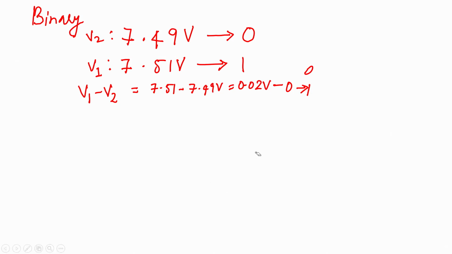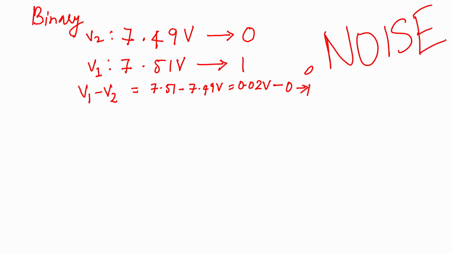But then all circuits, all our systems in the real world will have a big enemy called noise. There are people doing PhD in how to reduce noise. So, noise is a very important constraint in digital design, analog design, in whatever electronic circuit design we do.